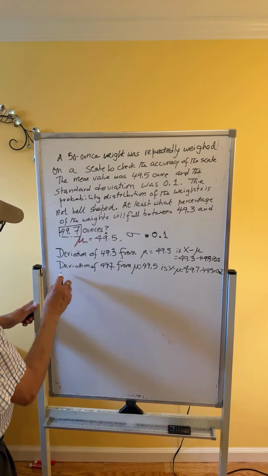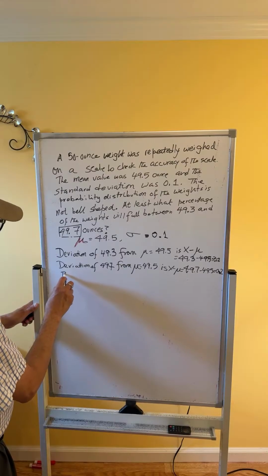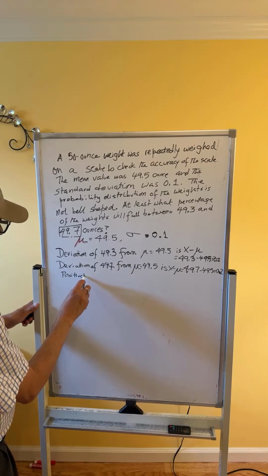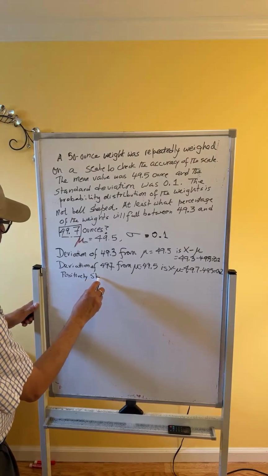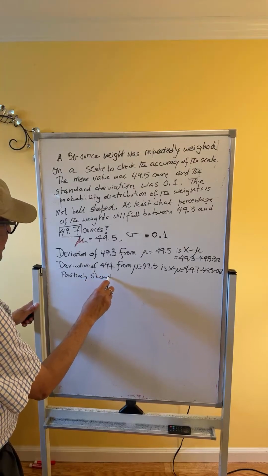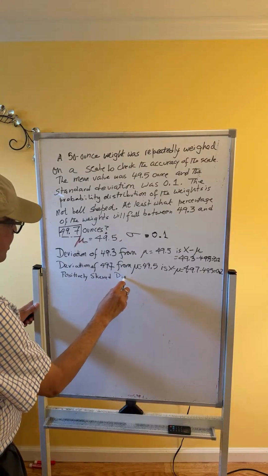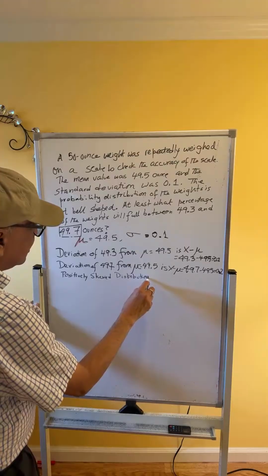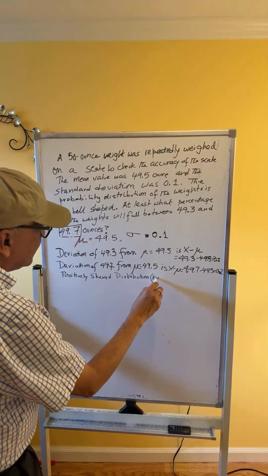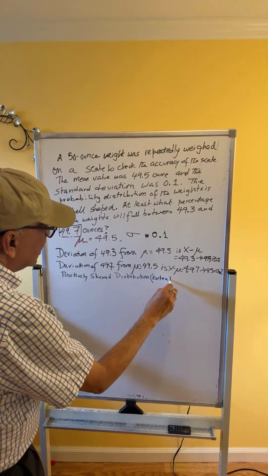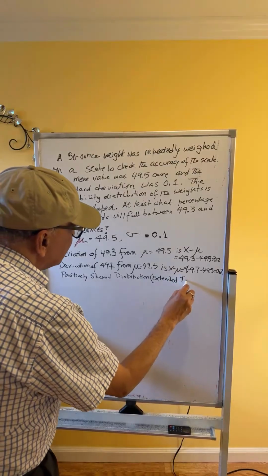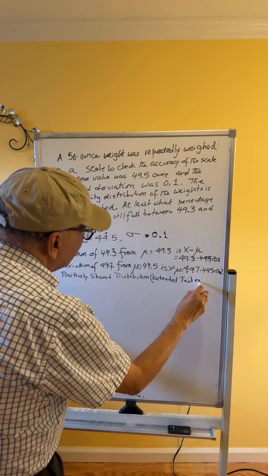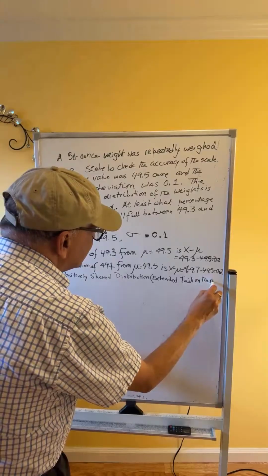Suppose we think of a positively skewed distribution. Positively skewed distribution has an extended tail on the right, on the positive side.